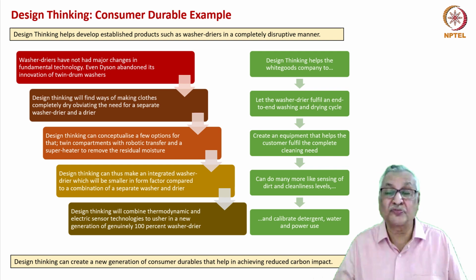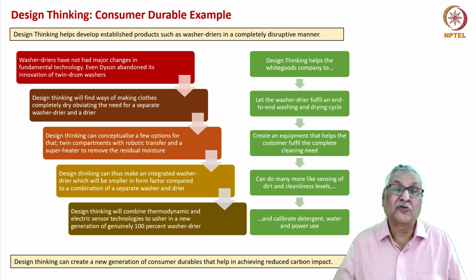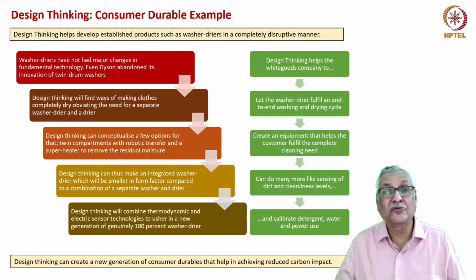These are all in the realms of possibility. Finally, it can calibrate the detergent, water, and power use for the best safety and integrity of the washing cycles and the washed apparel. Design thinking, therefore, can create a new generation of consumer durables that help in achieving reduced carbon footprint.